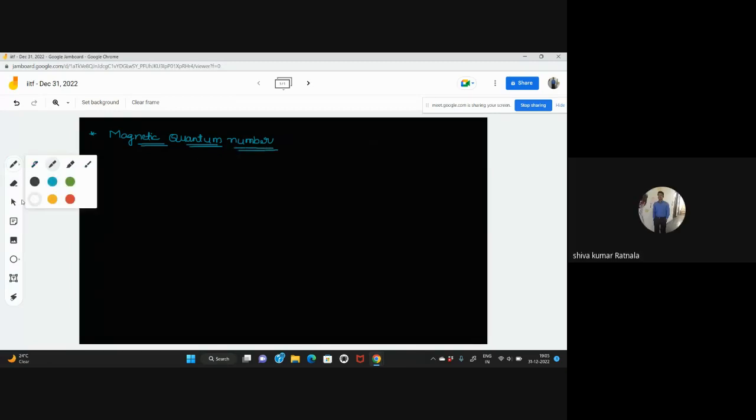So, what is the magnetic quantum number and what is it going to explain? What are we going to get from the magnetic quantum number? Generally, the magnetic quantum number was proposed by Lande.